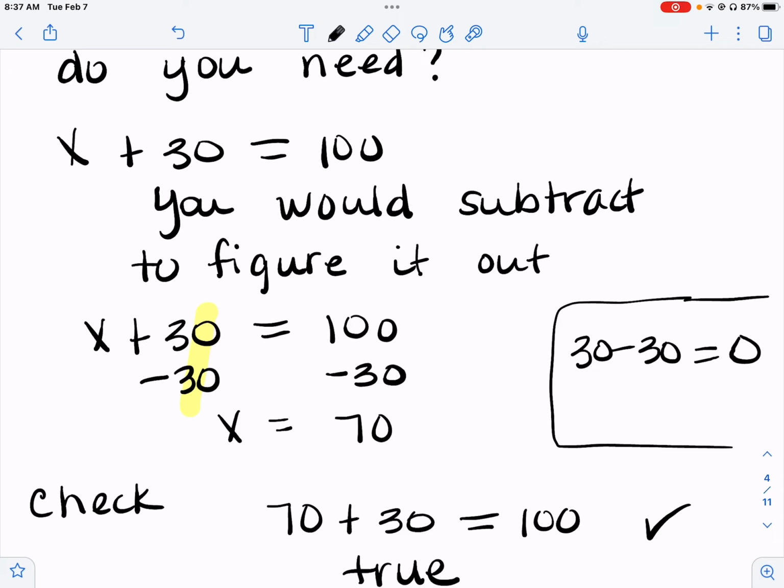So x represents how much more you need, plus the $30 you have, equals the $100 that you want. Okay, so you subtract 30 to find out 70 is how much more you need. Solving an equation means if you take that number and put it in for x, it's true. 70 plus 30 equals 100, that is true.